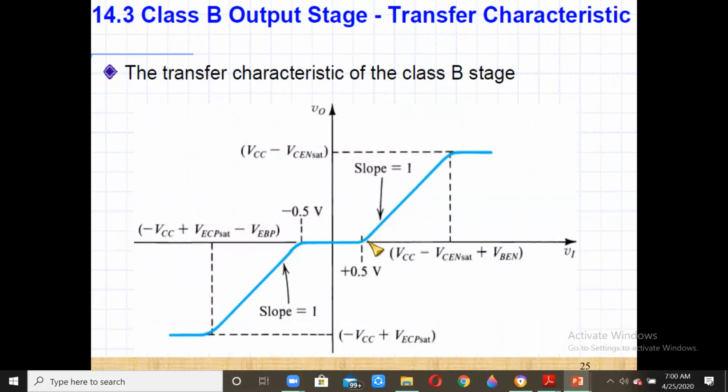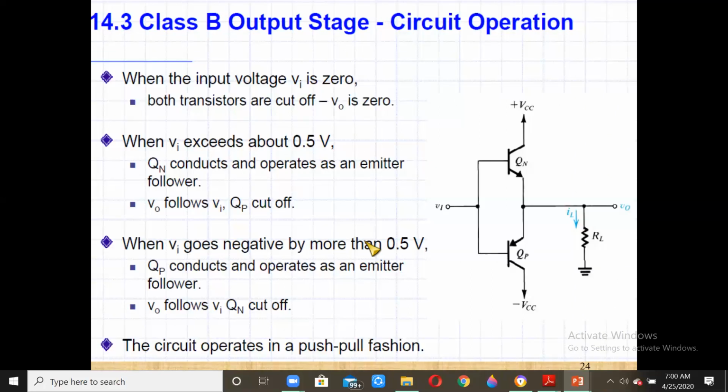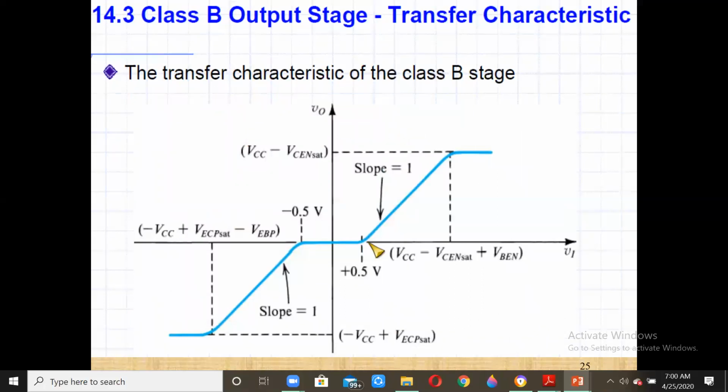For input values between minus 0.5 and plus 0.5, both the transistors are off, and hence it is known as the dead band.